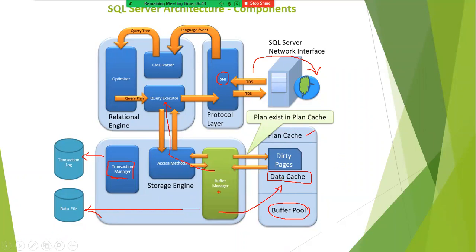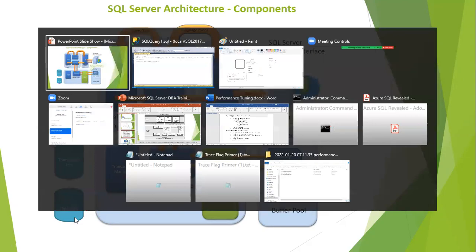Where we have the buffer manager, where we have dirty pages, you must know what dirty pages are. I will not explain it in detail, but at a high level, if you modify anything in the data in the buffer pool, we call it a dirty page, right? For example, you read the page from disk into the buffer pool.